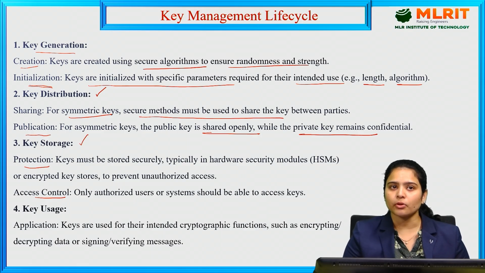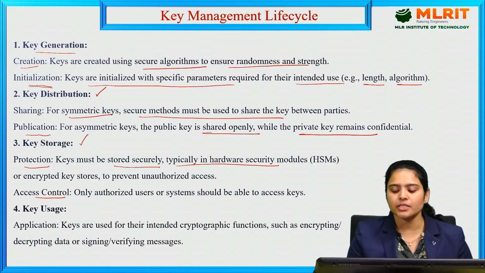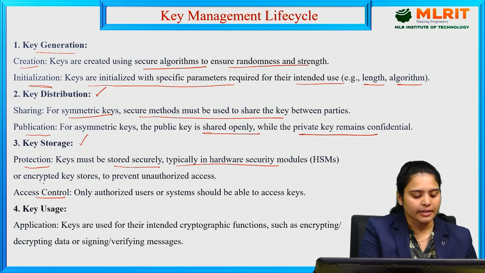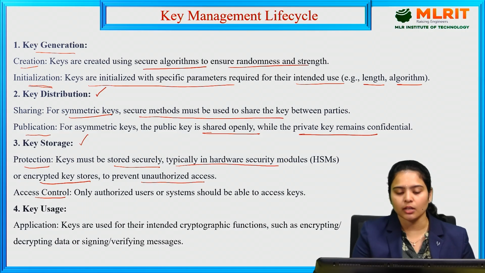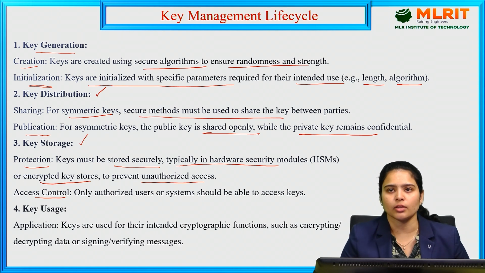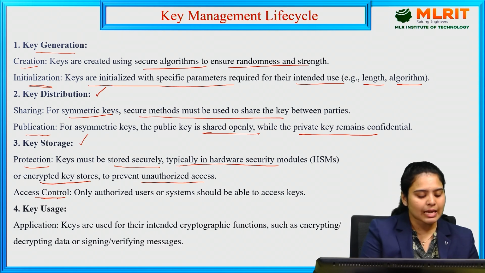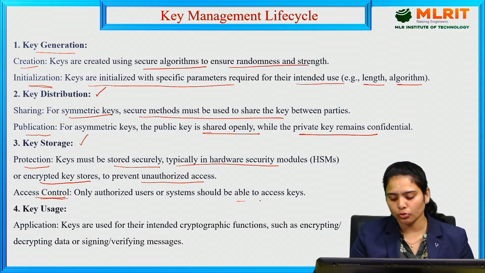For protection, keys should be stored securely, typically in hardware security modules, that is HSMs, or in encrypted key stores, mainly to prevent unauthorized access. The next one is access control. Access control means only authorized users or systems should be able to access those keys.